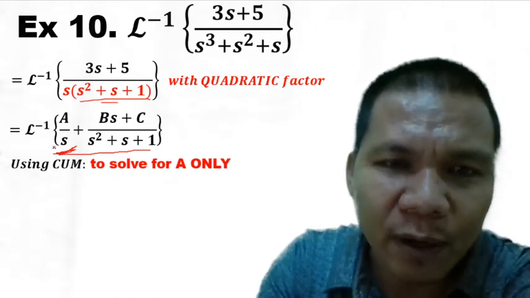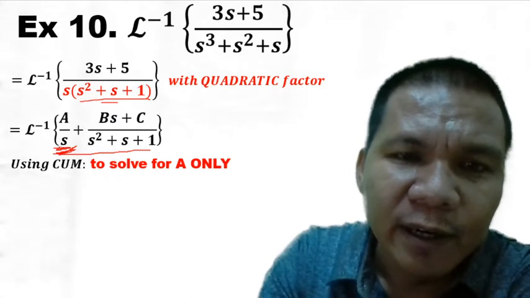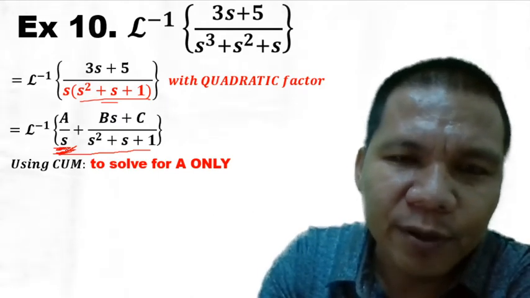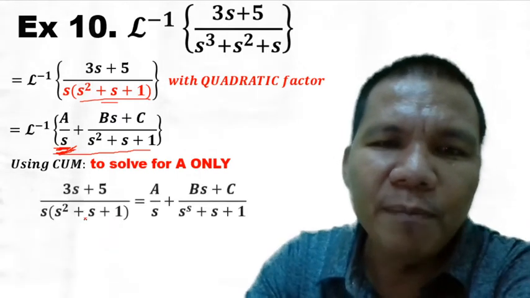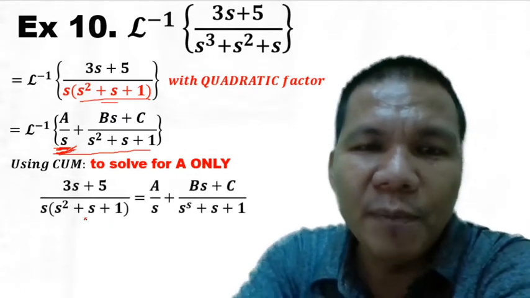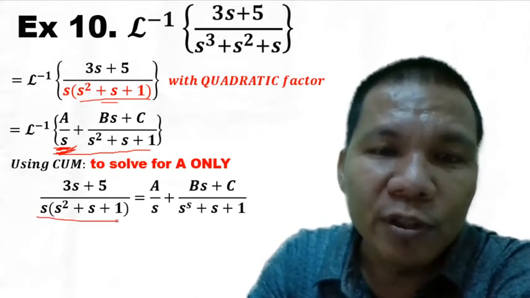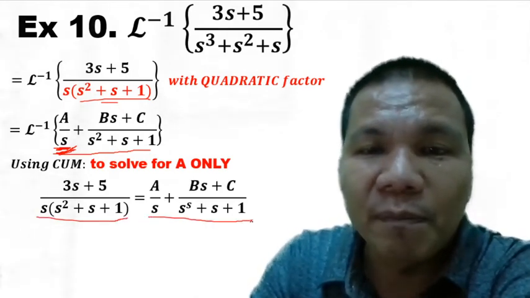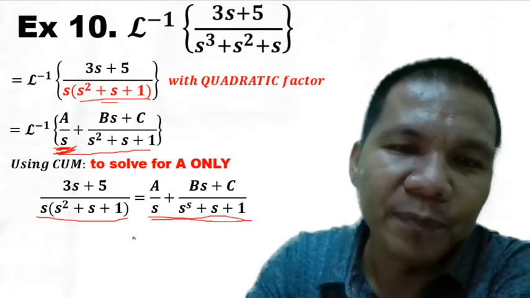Why A only? Because A has a linear factor in the denominator. To solve for A, use the cover-up method. So before using it, we need to equate the original fraction to its expanded or partial fraction.